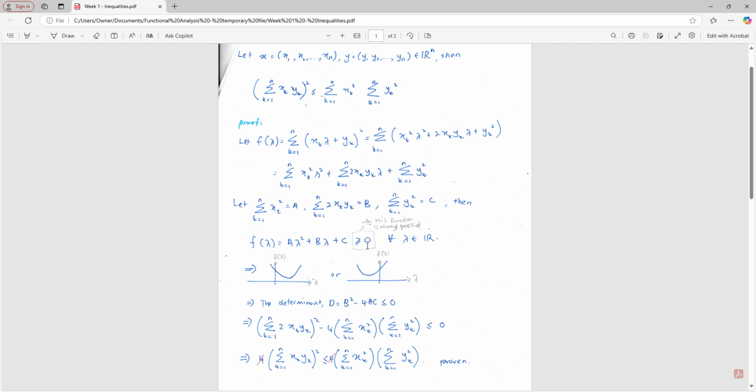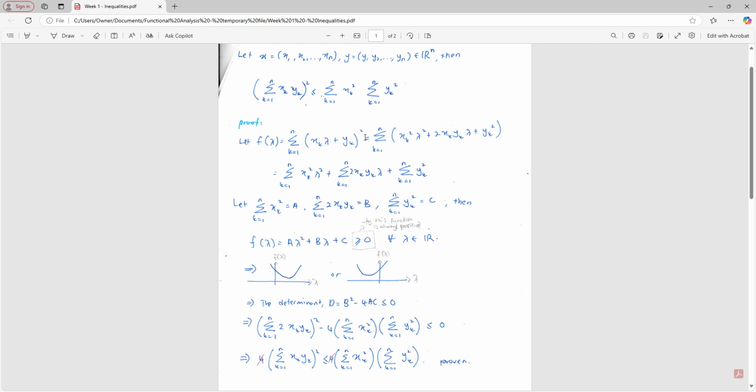The function that we define is based on our summation here, and if we look at each component here, we squared it. That means we are always adding positive numbers.